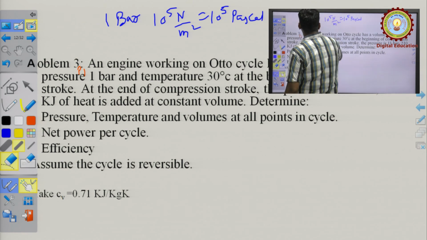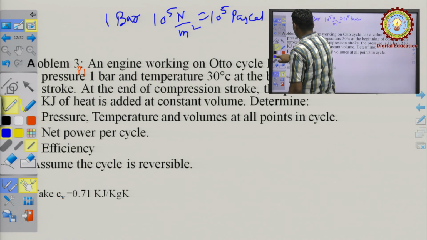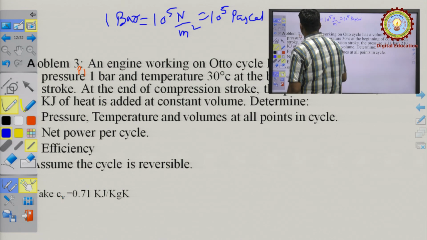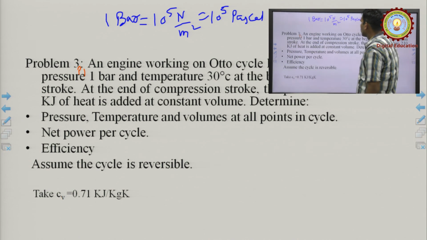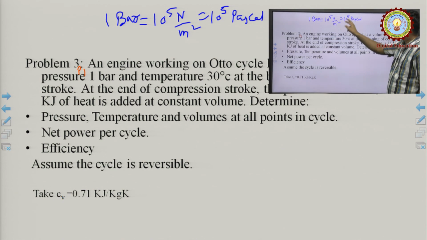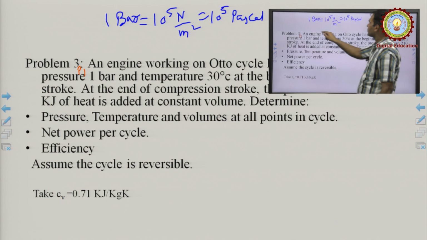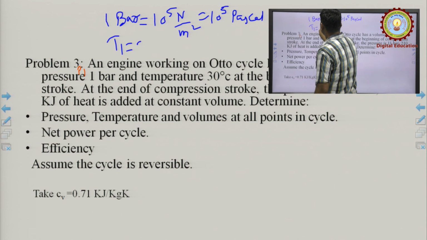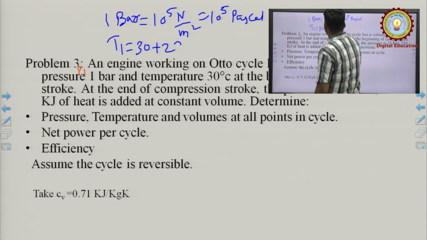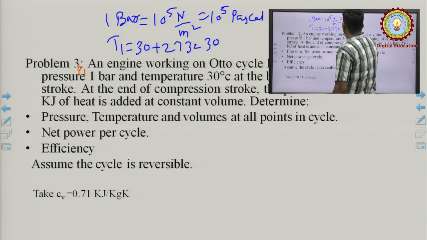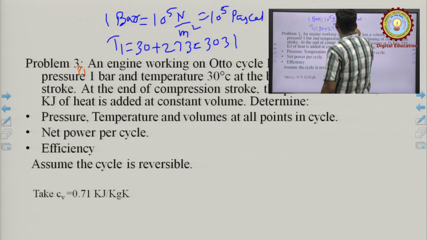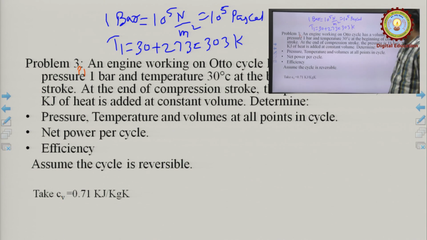So this pressure is 1 bar and temperature T1 is 30 degree Celsius, so 30 plus 273, that is 303 Kelvin.